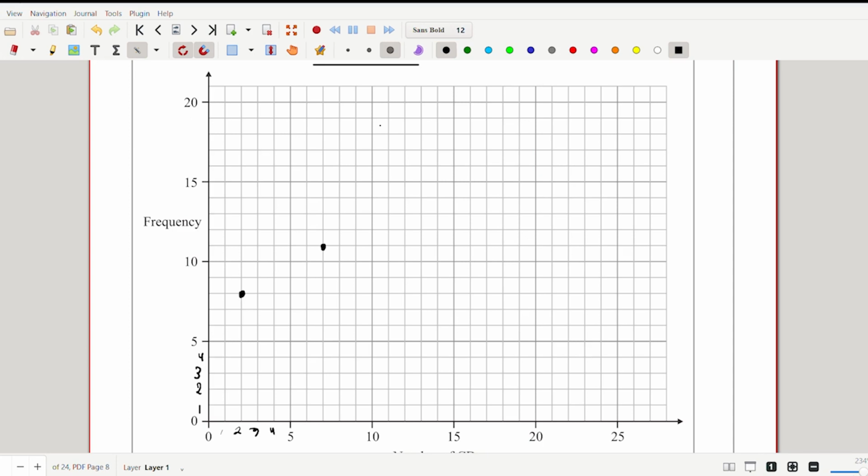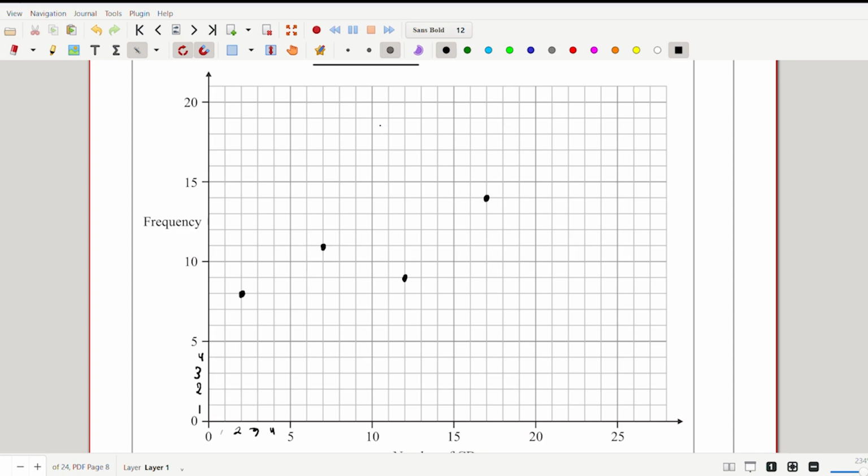Then 12 and 9, then 17 and 14, then 22 and 18.